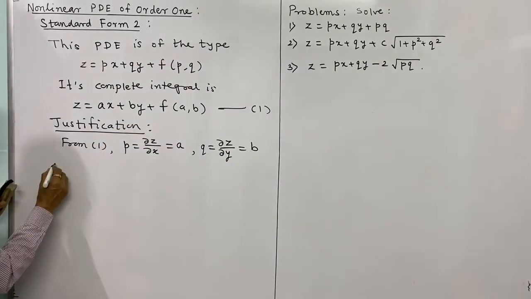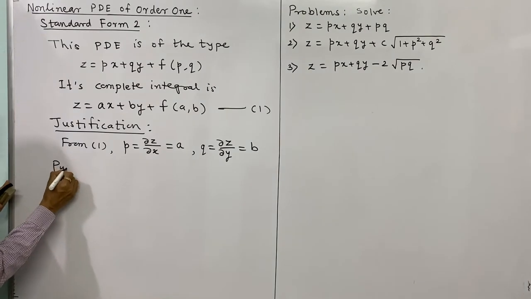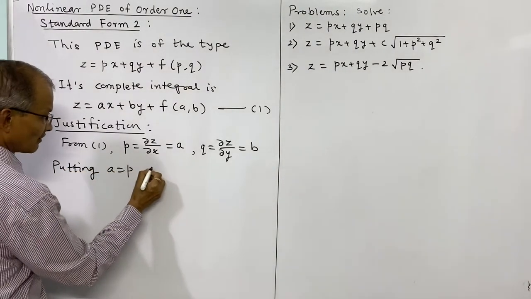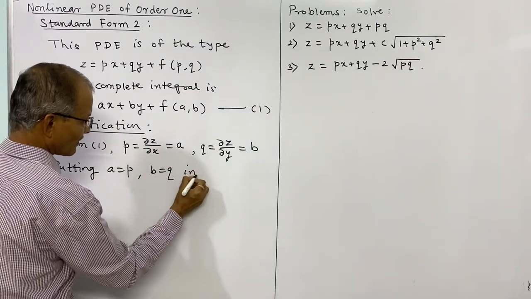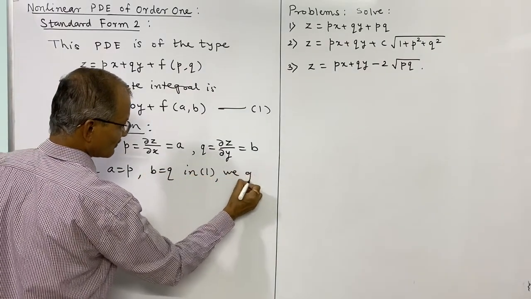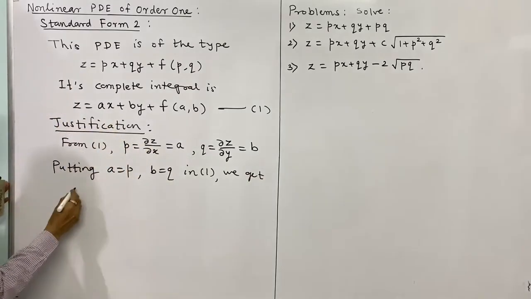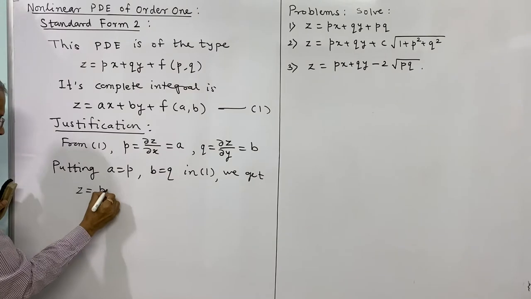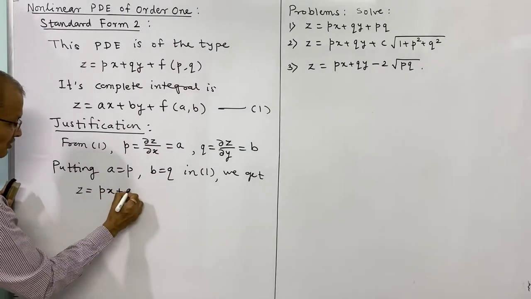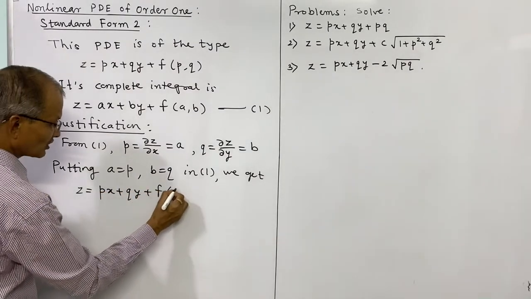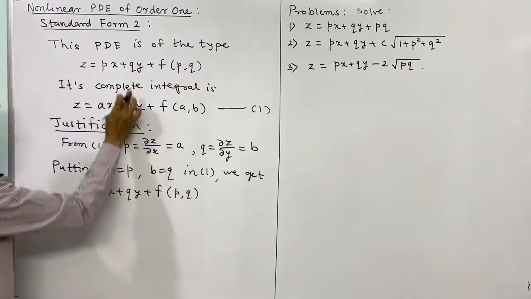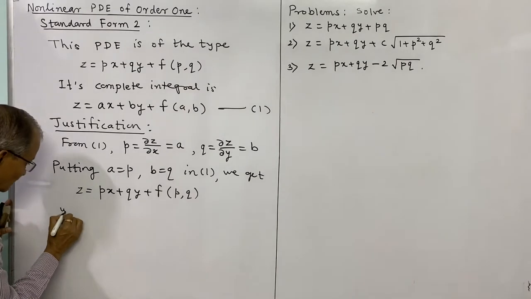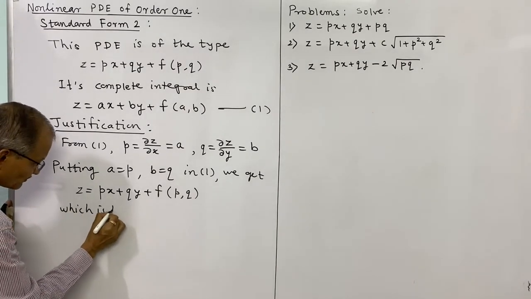So we get z is equal to p into x plus q into y plus a function of p and q, which is the PDE of form 2, the given PDE.